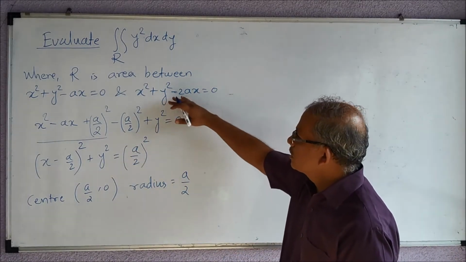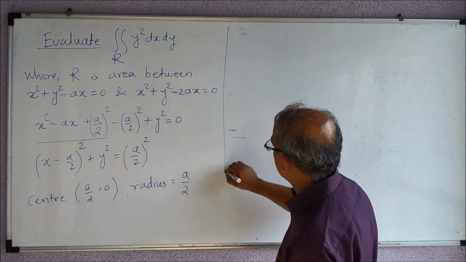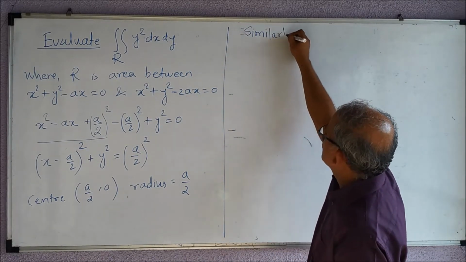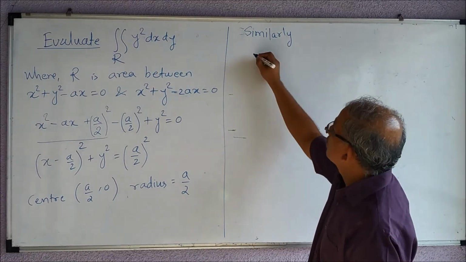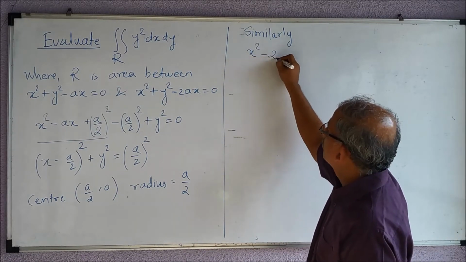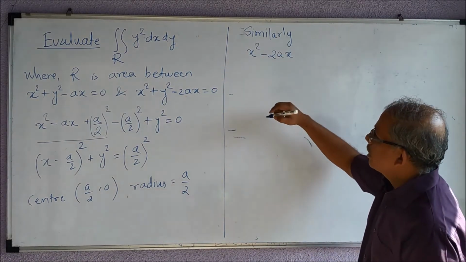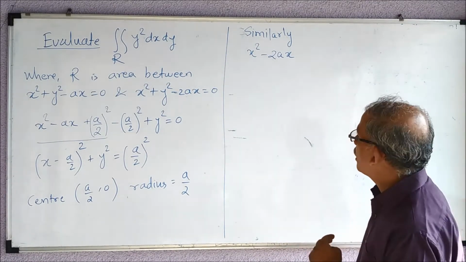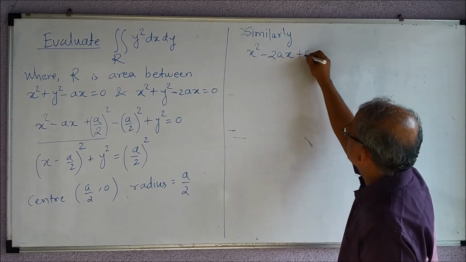Similarly, if you observe this circle, if I make a completing square method, this is a 2a x term, so I'll make half of that, that will give a, so I'll add and subtract a square.